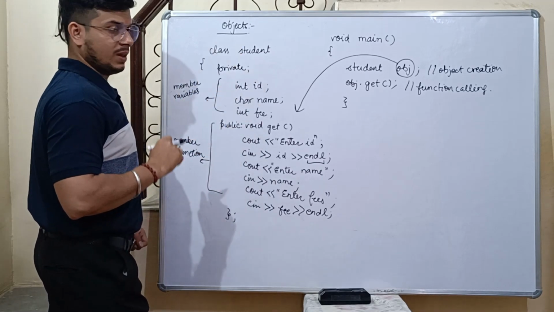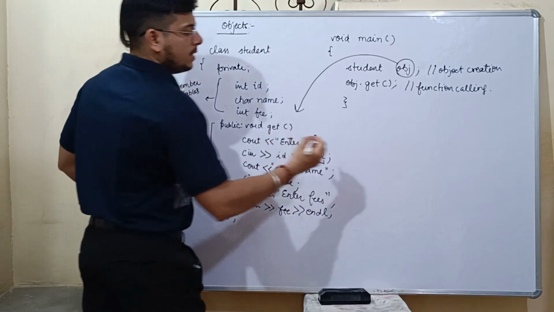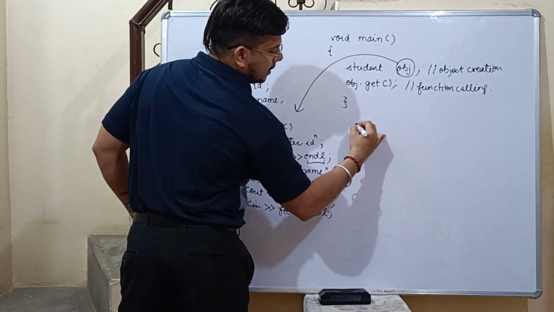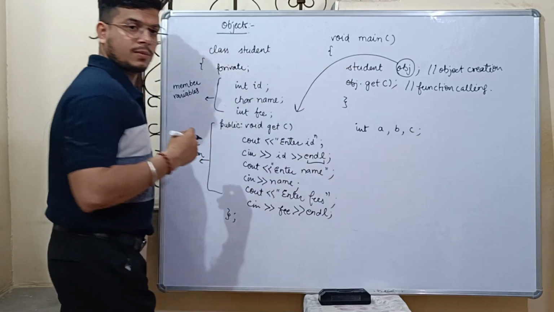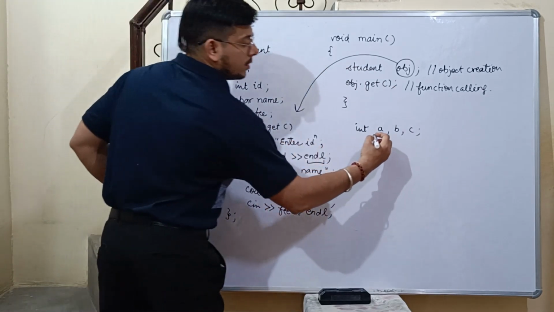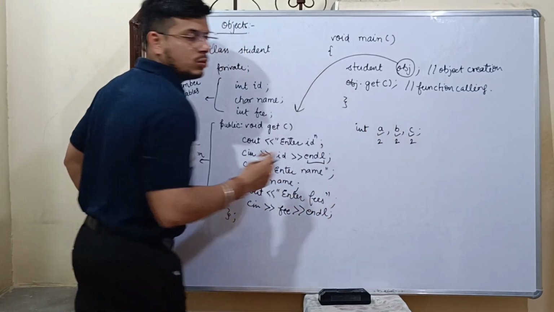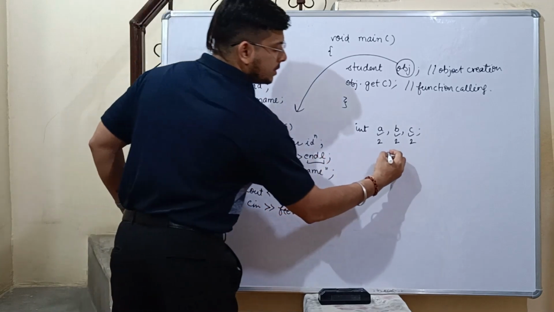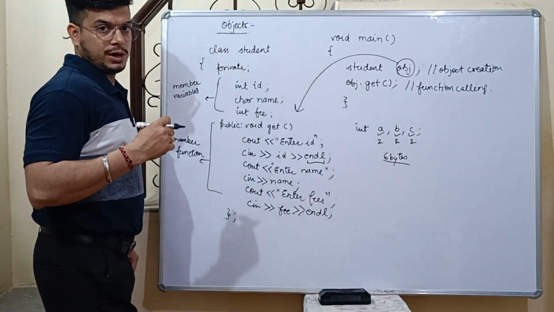Now in C++, if I am declaring int A, B and C, how much memory will be allocated? 2 bytes and 2 bytes. Total 6 bytes of memory will be allocated.